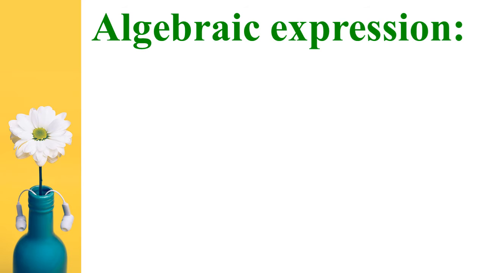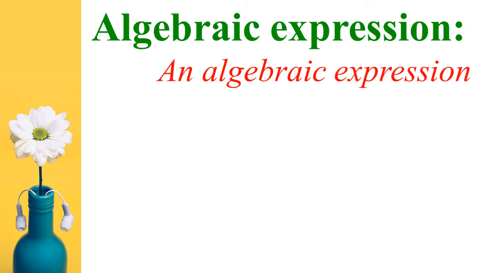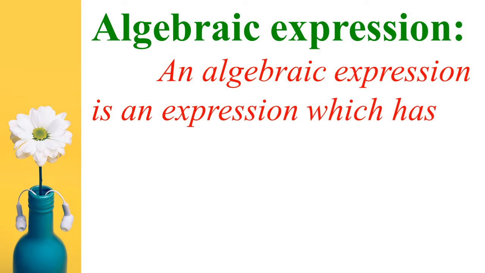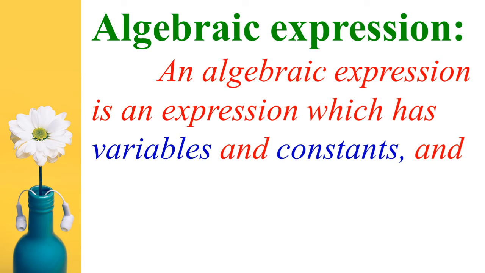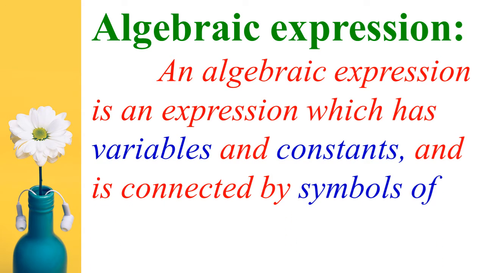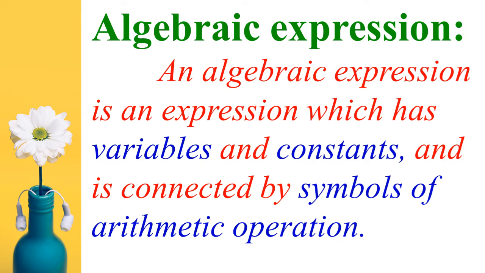First, let us see what is an algebraic expression. We already know an algebraic expression is an expression which has variables and constants and is connected by symbols of arithmetic operation.